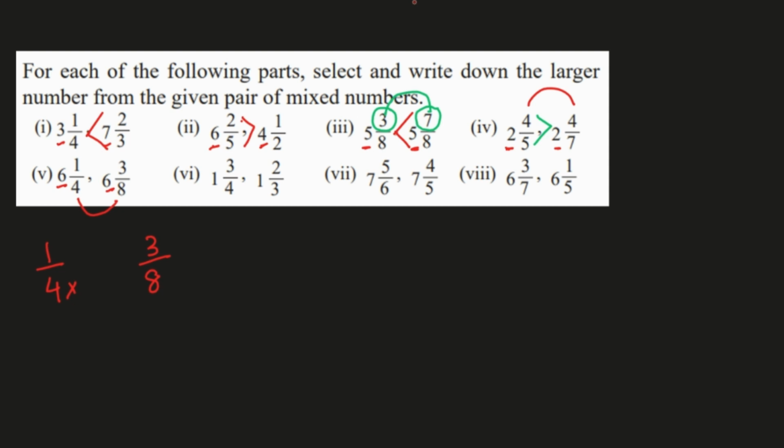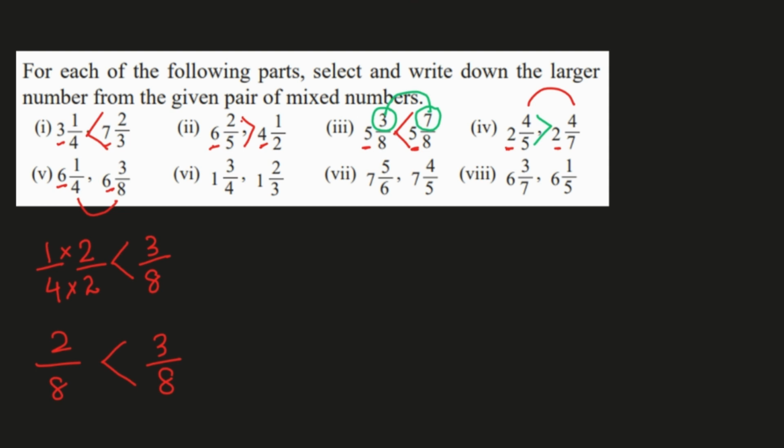So you know that 4 can be converted into 8 by multiplying it by 2. And you are multiplying the numerator as well. Then 1 into 2, it's 2. 4 into 2, it's 8. Here, it's 3 upon 8. So you know that 3 upon 8 is greater than 2 upon 8. So in this case, 3 upon 8 is greater than 1 upon 4.